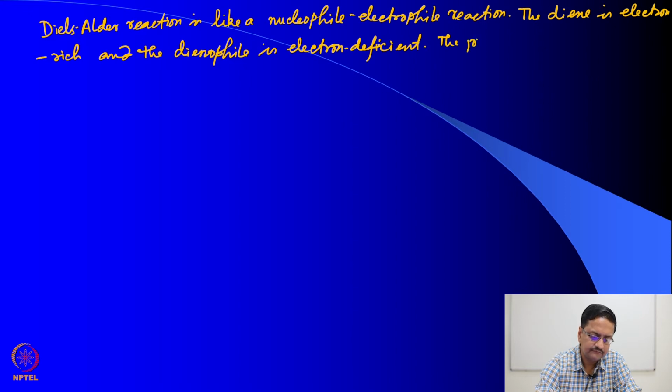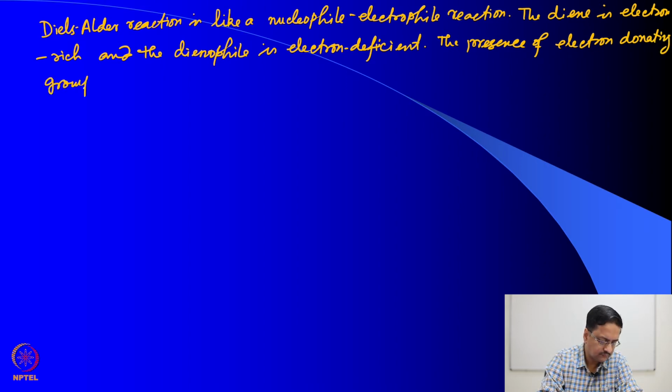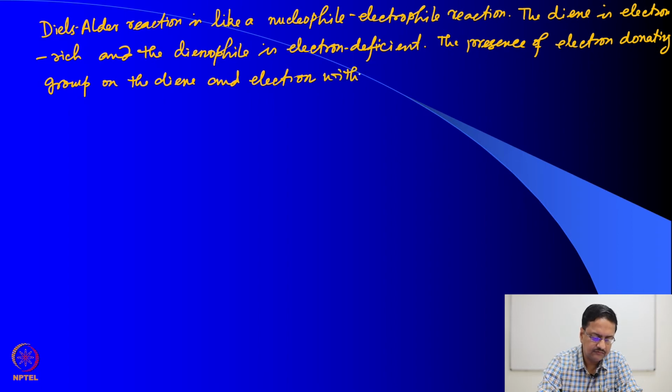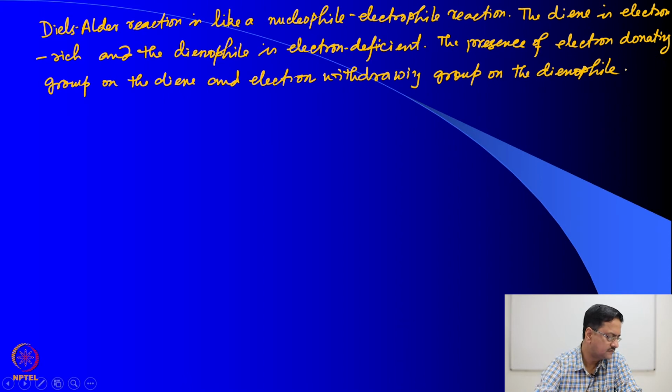The presence of an electron donating group on the diene and an electron withdrawing group on the dienophile favors the reaction.